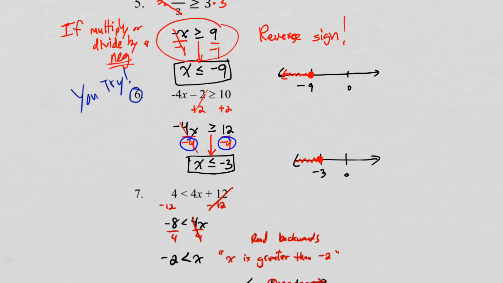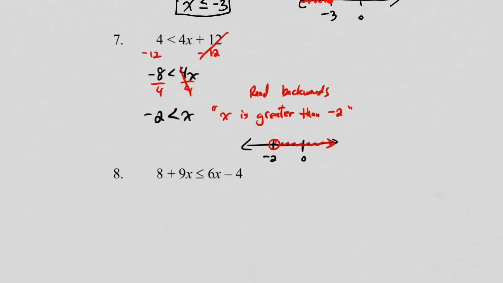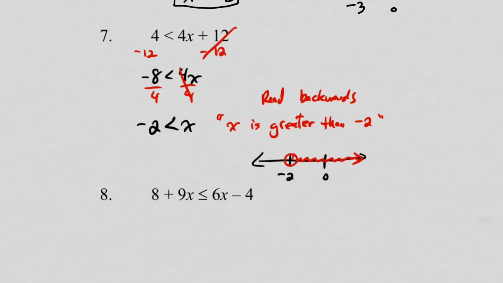Now, let's take a look at number 7. This one's already done. And this one's kind of weird, okay? So notice that we divided by a positive 4. And this is basically our answer, but it's kind of backwards, okay?